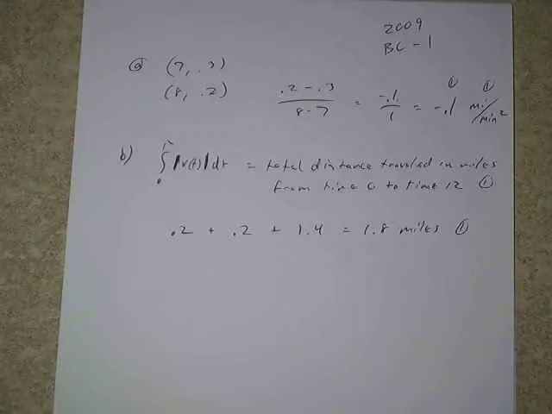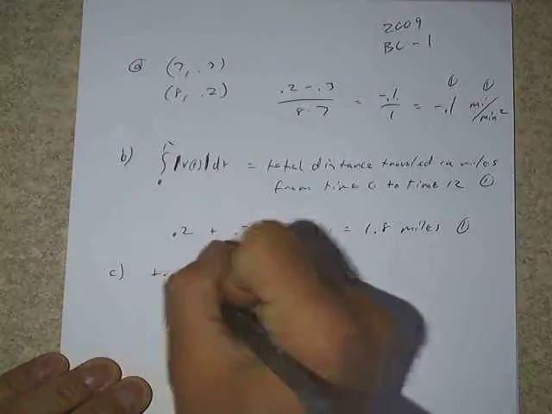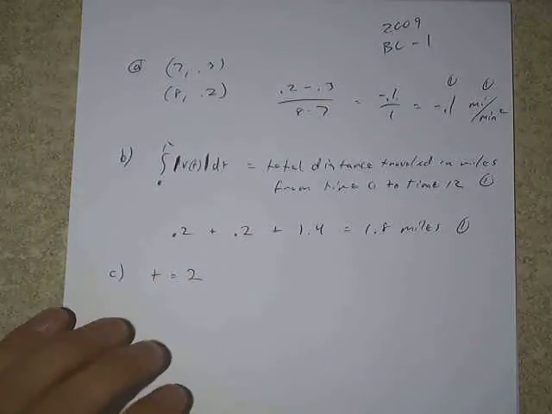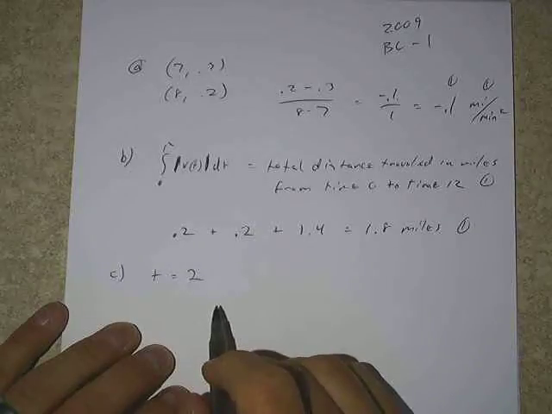Alright, part C says shortly after she left home, she realized she left her calculus homework at home. She returns to get it. At what time does she turn around and go back home? Give a reason for your answer. Well, we know that that is at time 2, because at time 2 the velocity changes from what?